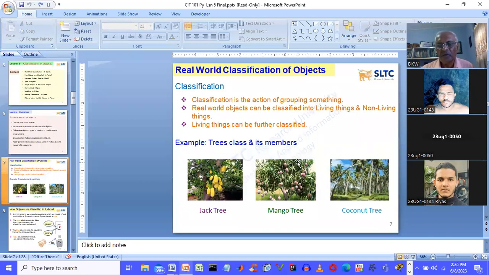If you want to study or interact with the mango tree, we have to take those essential details. These details will consist of data, which you call states, and the behaviors. For any object, there is behavior and there is data regarding that object.